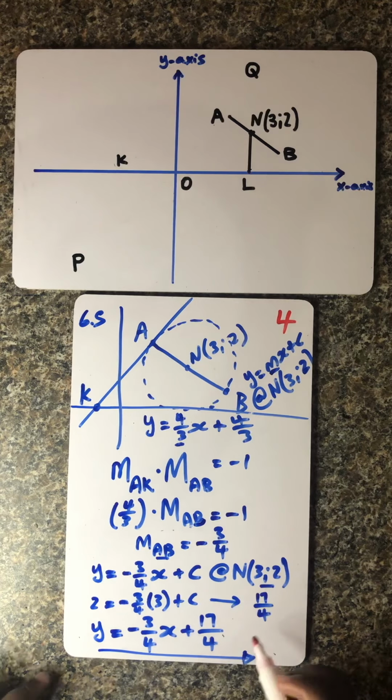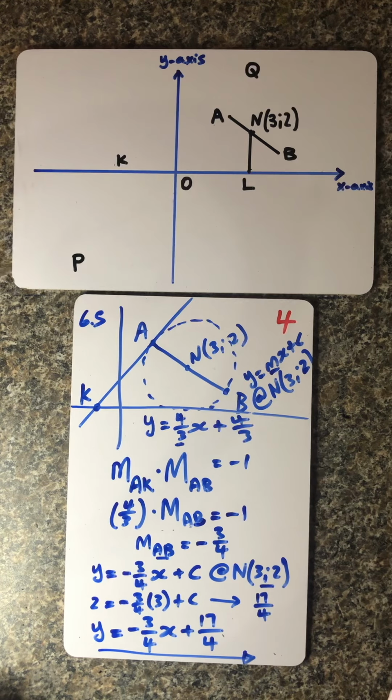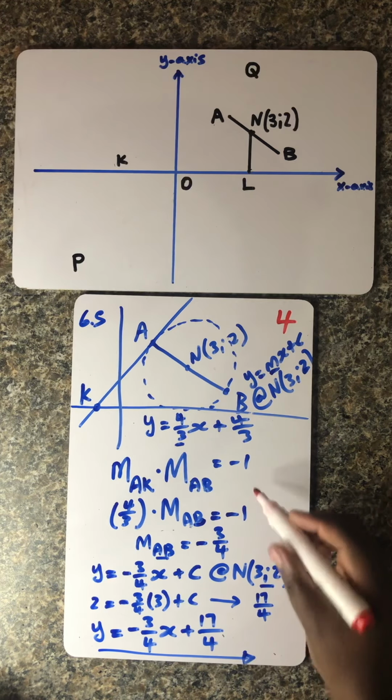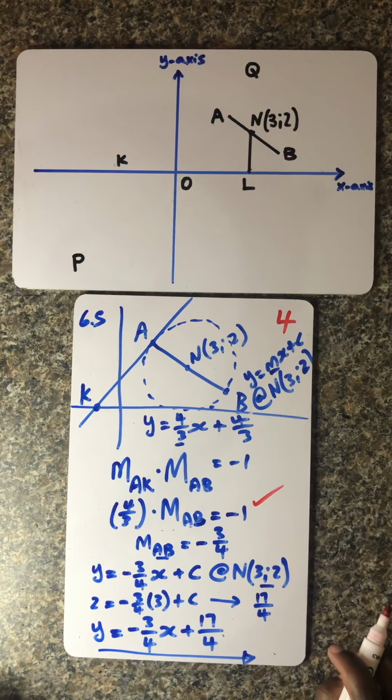Please do make sure that you note this formula, because I'm thinking we might need it somewhere as we continue with our questions. Okay, so ladies and gentlemen, in terms of allocating marks, let me see, where can we give you the first mark? I think this is where we can give you your first mark.